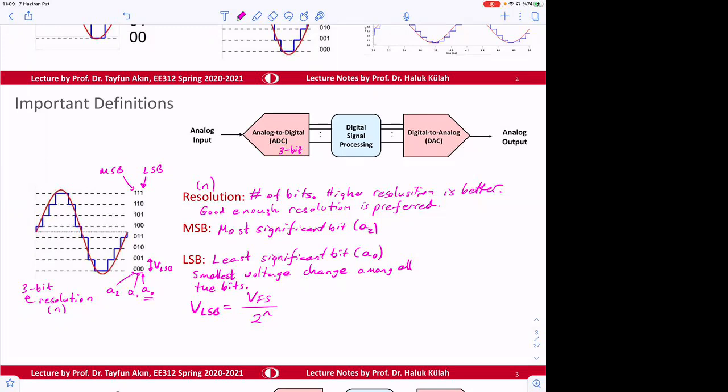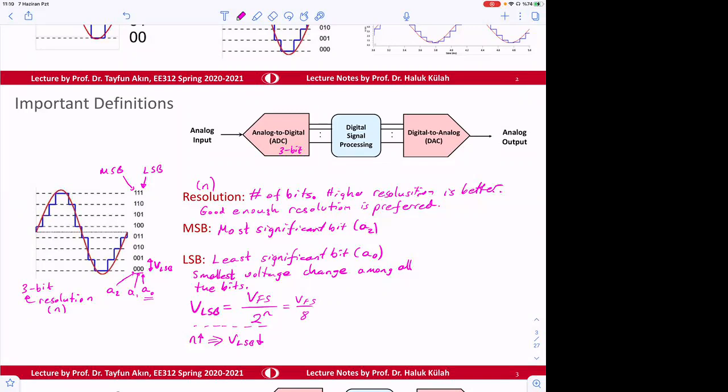So if the resolution is more, of course V least significant bit is going to be a smaller voltage. So as n increases, VLSB is going to be reduced. For this case, it is V full scale divided by 8, for example.